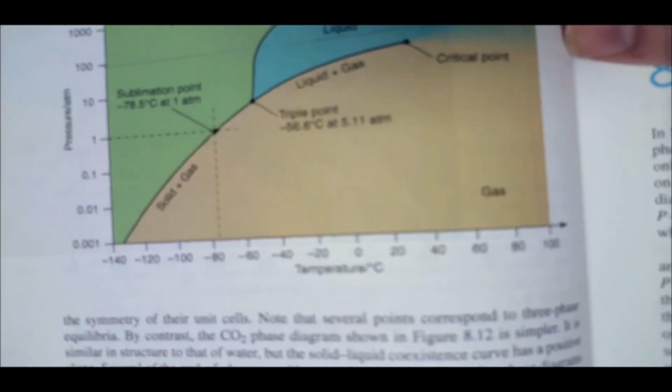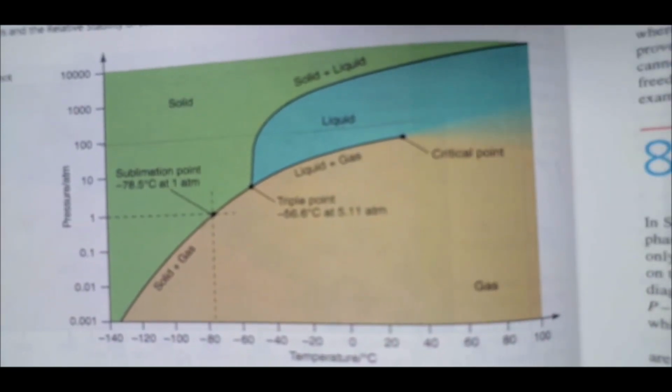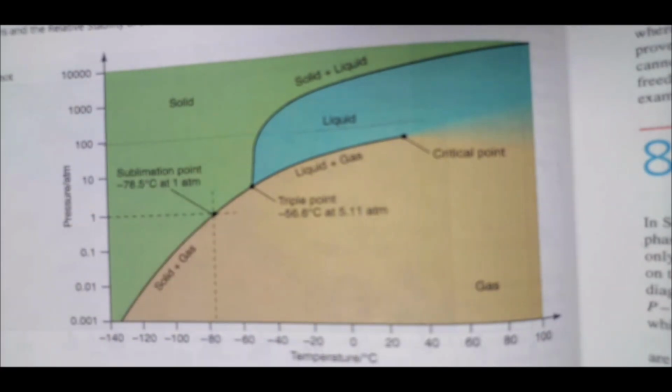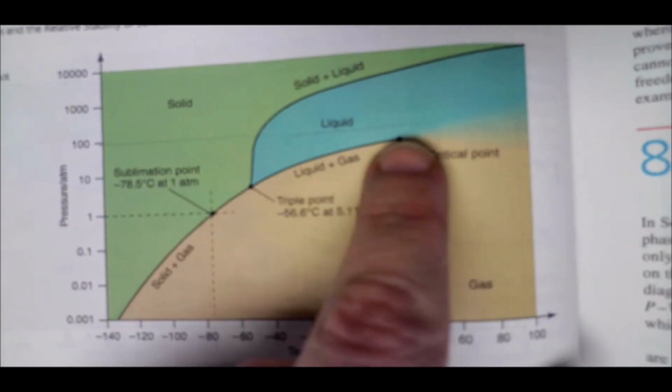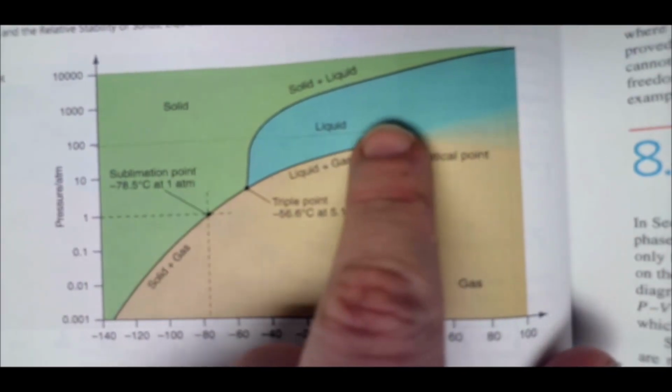figure. So 8.12, looking at it here. The first one asks to go from solid to liquid to gas as temperature increases. So really, the only way we can do that would have to be below the critical point.